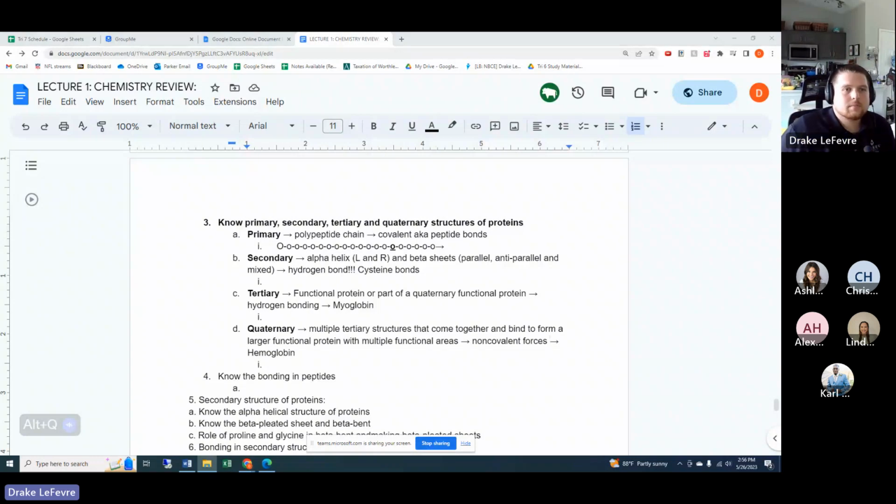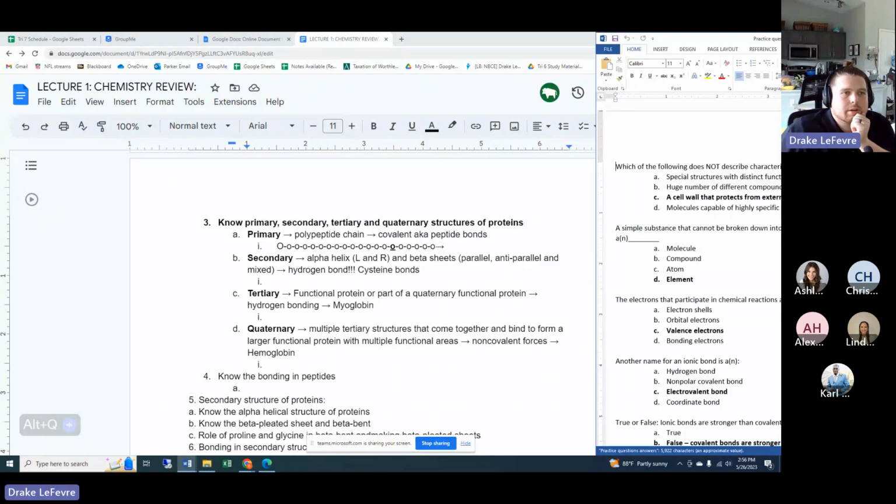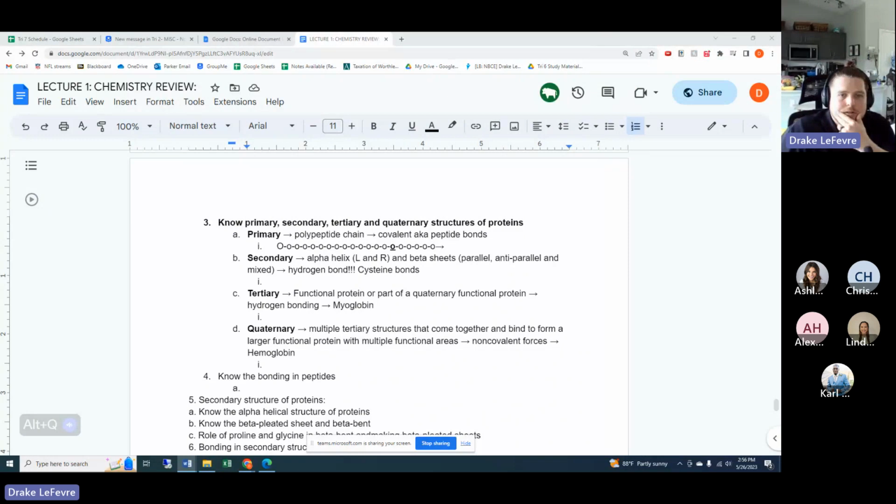I made a thing. Let me pull it up real quick. See the very last question on this. Yeah, quaternary structure has non-covalent interactions and also possibly more disulfide bonds.